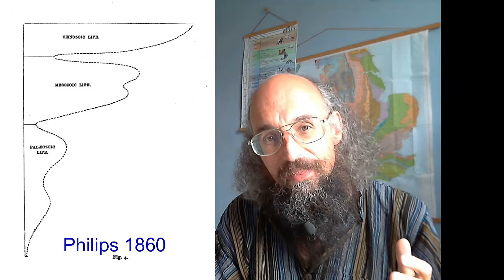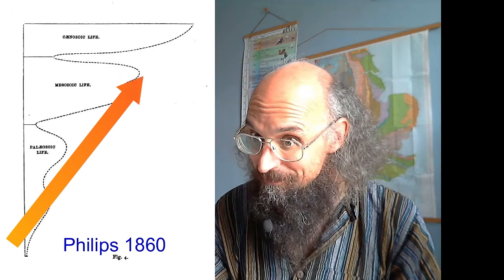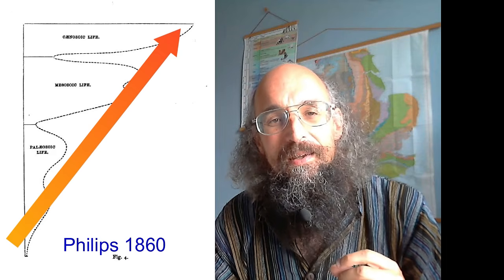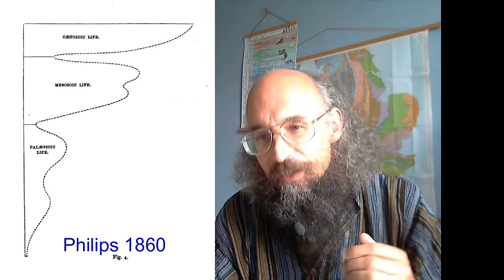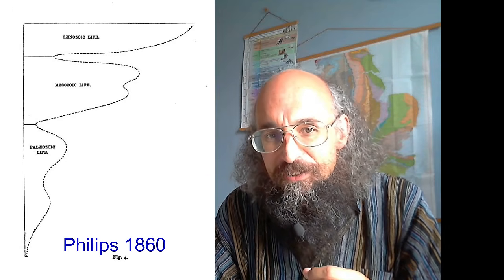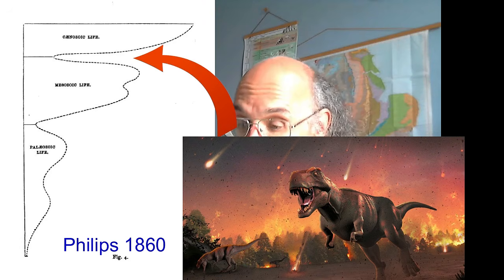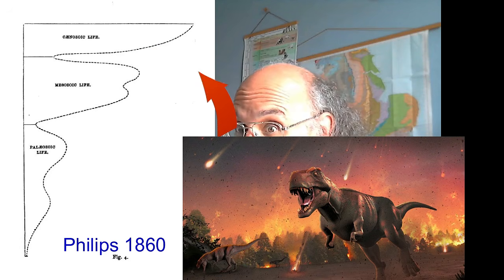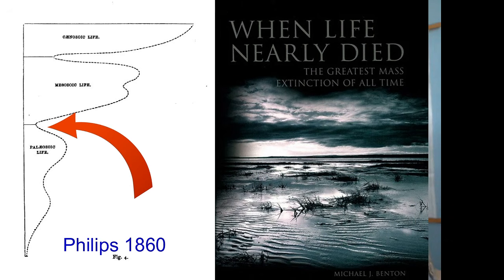So he showed that there was overall an increasing trend of diversity through time, with the modern world being the top of this diagram, that you have a couple of major dips in the history, one at the end of the Mesozoic, so that became the Cretaceous Tertiary boundary, and one at the end of the Paleozoic, which is the Permo-Triassic boundary.